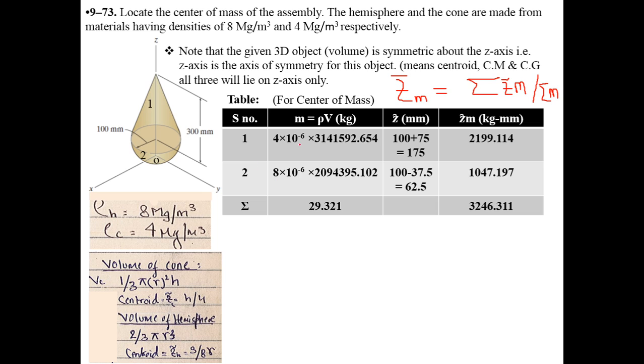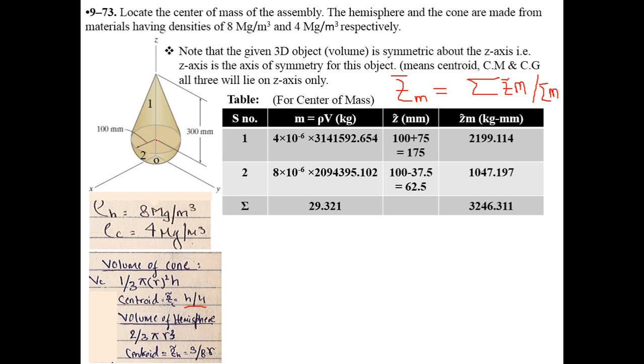Now you also have to locate the centroid or center of mass of individual volumes. So let us move on to the cone here, and we know that the centroid for a cone is 1 by 4 of its height. So it is 300 divided by 4, okay, which is 75.